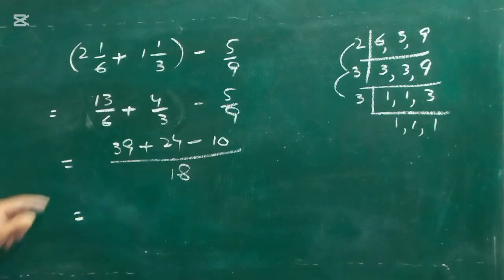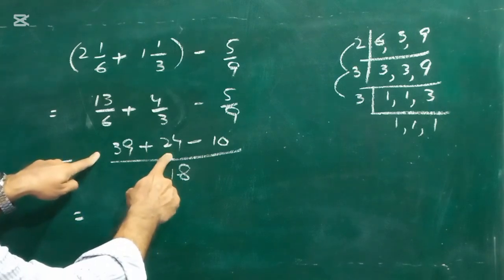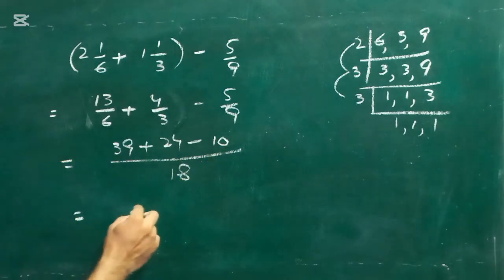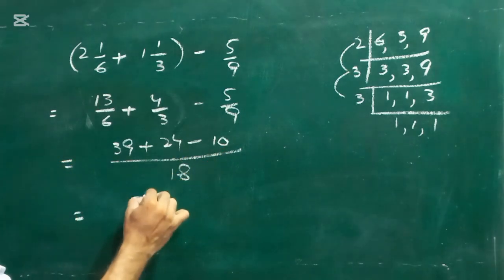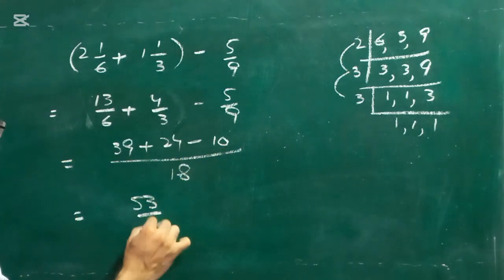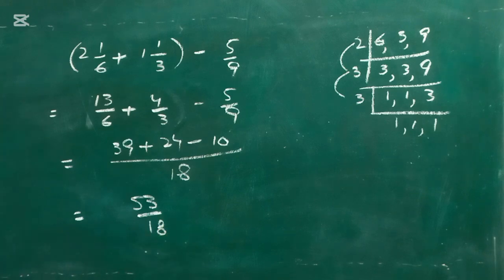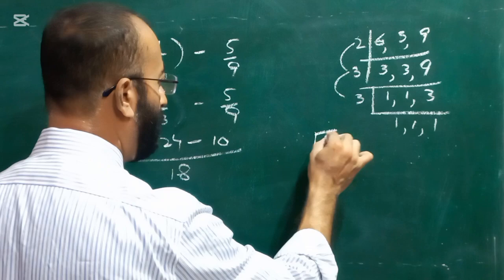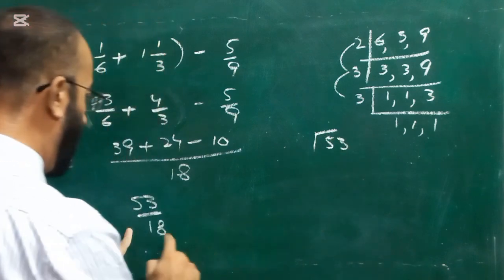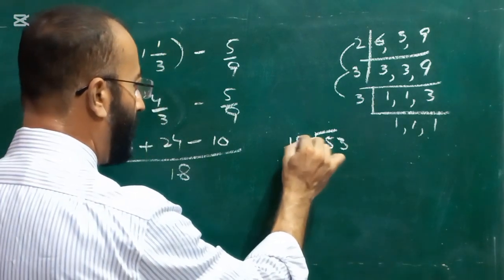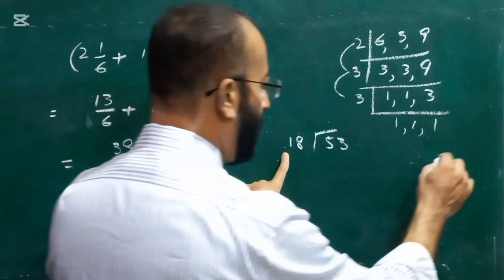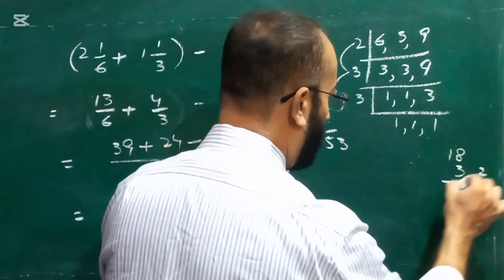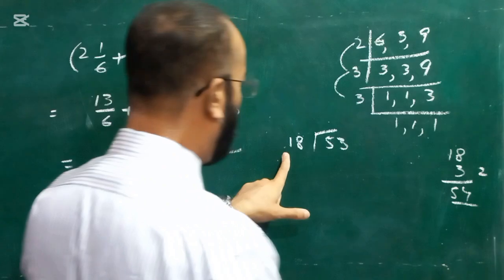So now look. This plus this will make 63. 63 minus 10, 53. So 53 over 18. So now we are going to divide these two numbers. 53 will be placed inside and 18 outside the bracket. So 18 2's are 36 and 18 3's are 54.